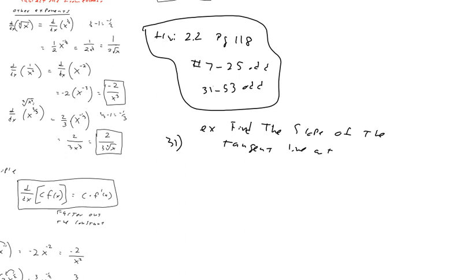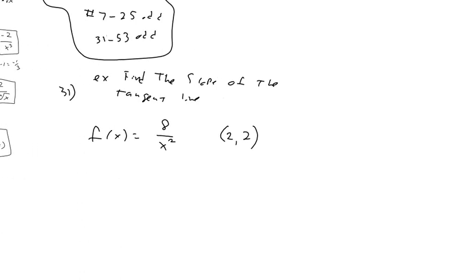If I said my function, this is number 31, my function was f of x is 8 over x squared. I want to find the slope of the tangent line at the point 2, 2. Find the slope of the tangent line at 2, 2. Now that we know these rules, we're going to put them into practice, right?